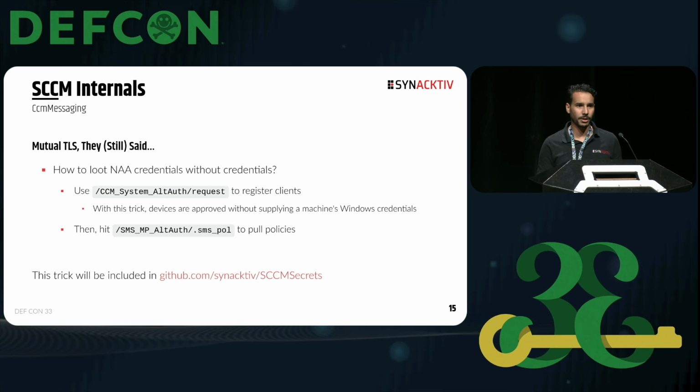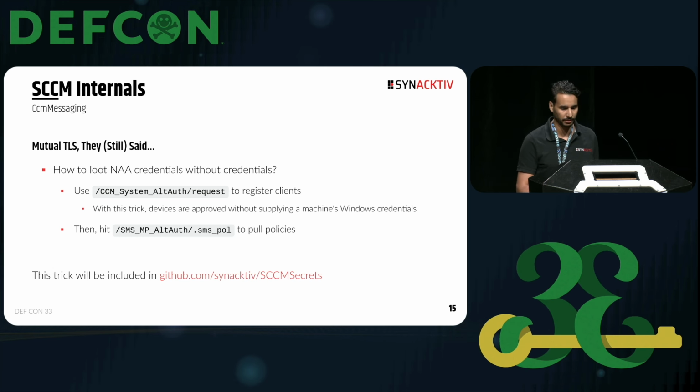That's needed, because when you do that registration, the SCCM client is approved, and this is mandatory to pull policies. However, with this mutual TLS bypass, if you register a client without domain credentials, it is automatically marked as approved. Thus, this gives you the ability to loot NAA credentials unauthenticated.